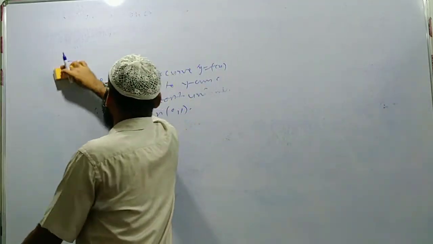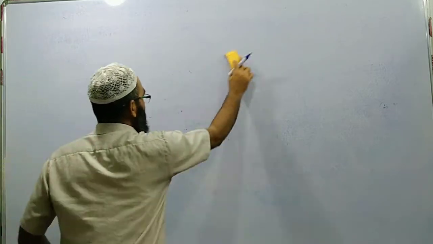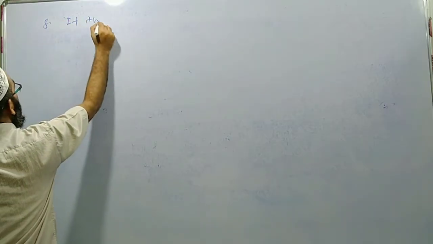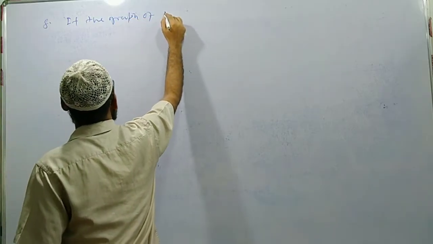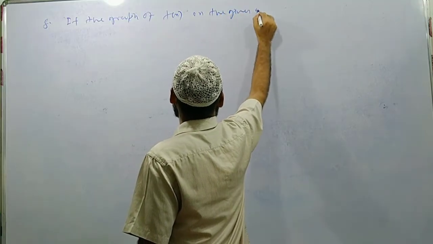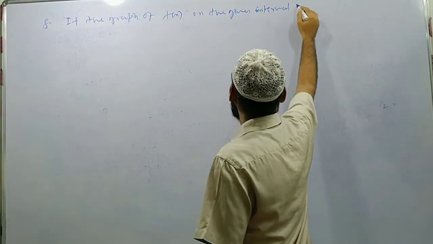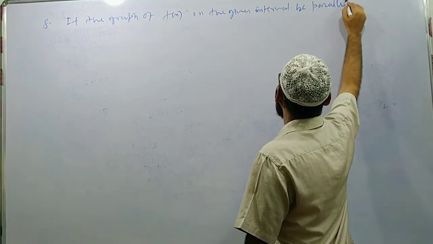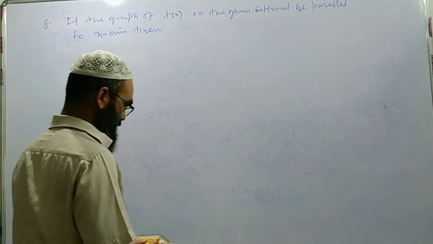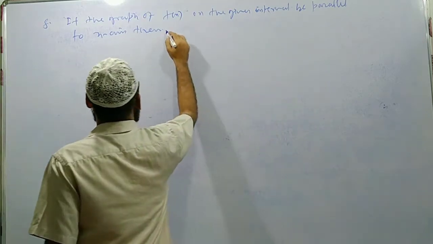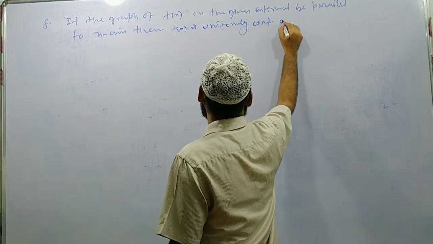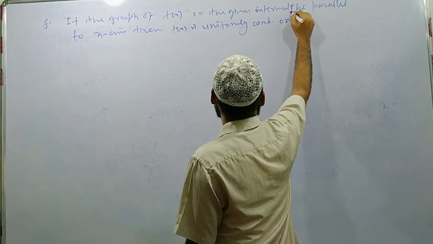If the graph of f(x) on the given interval is parallel to the x axis, then f(x) is uniformly continuous on that interval, the given interval I.